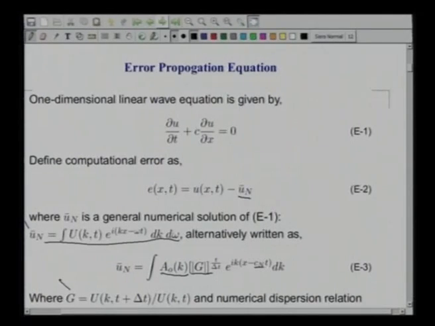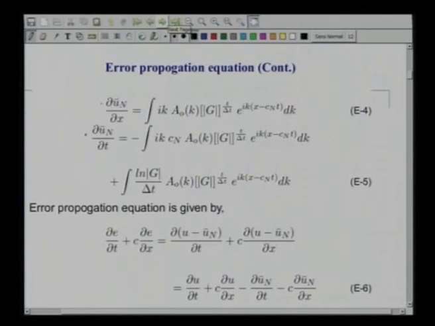It is for the same reason that when you take the time derivative, you end up with two sets of terms in E 5. So, what you could do is basically use the definition of the computational error that we showed and try to set up an error propagation equation. The idea is simple.